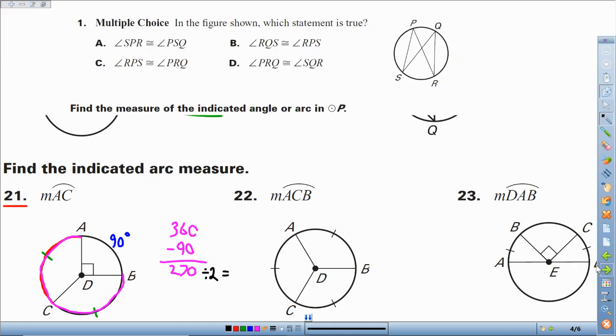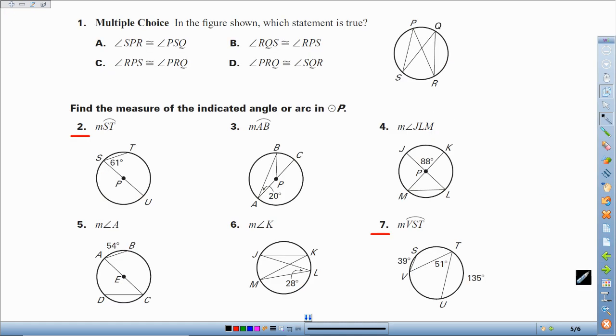Cool. So from here on the backside, we're getting into using inscribed angles. Take a look at number 2. This one is asking us to find the measure of arc ST. Let me highlight that. They just want the measure of this arc right here. So what do we know?